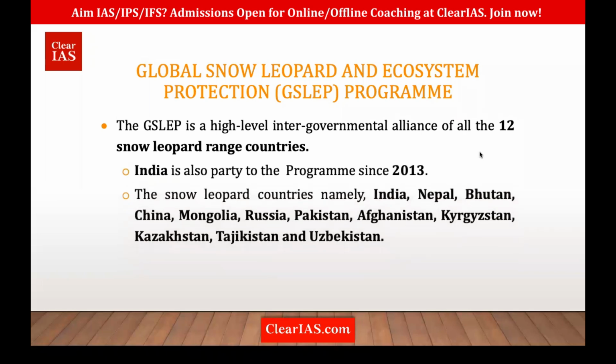The other countries which are part of this, apart from India, are, for example, the neighbors of India: Nepal, Bhutan, China, Pakistan and Afghanistan. From North Asia, we have Russia and Mongolia. And the four Central Asian stans: Kyrgyzstan, Kazakhstan, Tajikistan, and Uzbekistan.